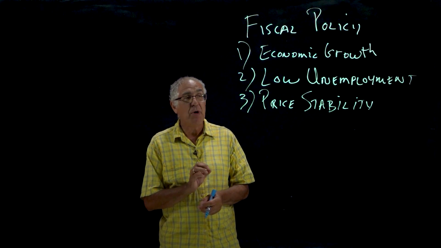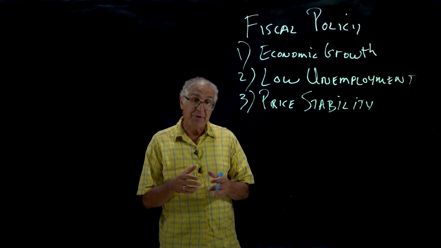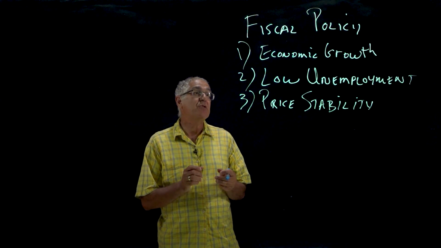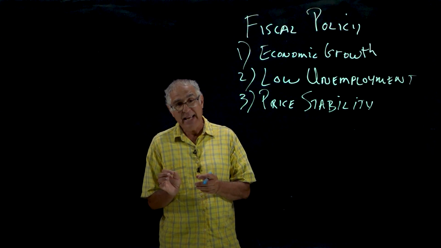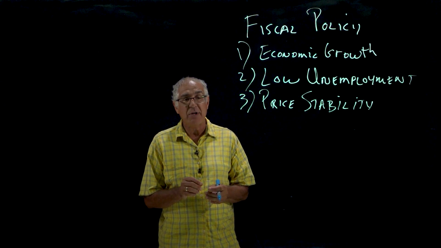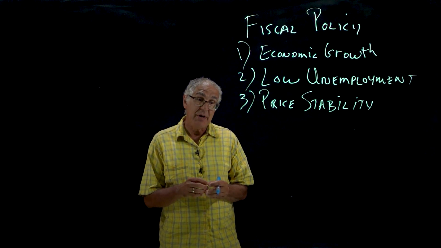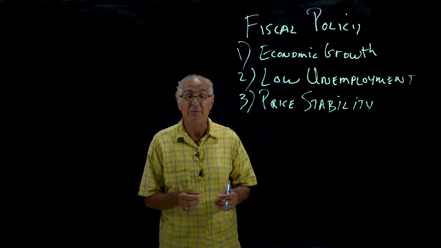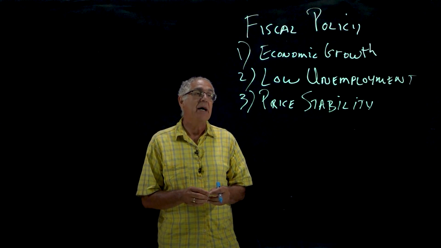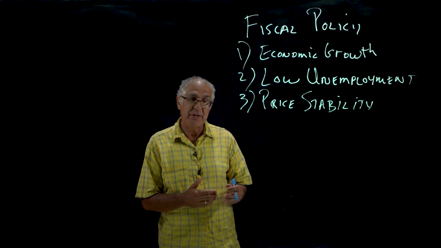With fiscal policy, we're primarily concerned with changes to aggregate expenditure that result from changes in government spending itself, as well as tax changes that affect the level of disposable income that households have, and by changing the amount of income that consumers have to spend, that's going to change consumption spending, of course. So fiscal policy works through changes in government spending and changes in consumption spending that result from changes in disposable income.